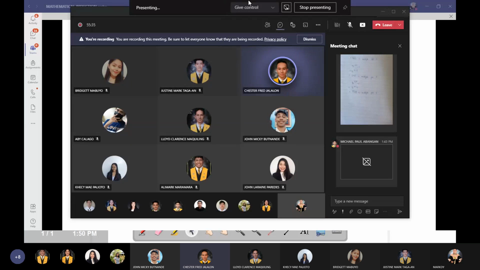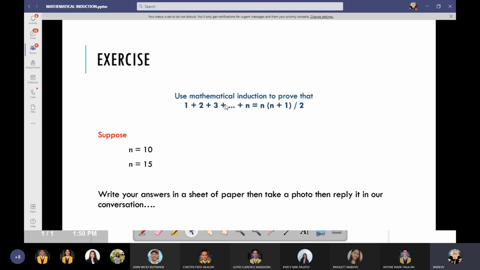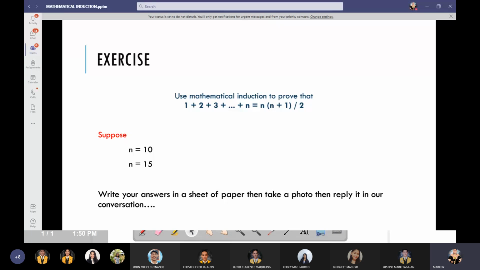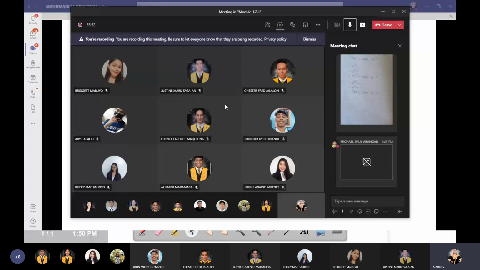Excuse me, sir, can you look at the given? Okay, the given is n is equal to 10, n is equal to 15. Okay.